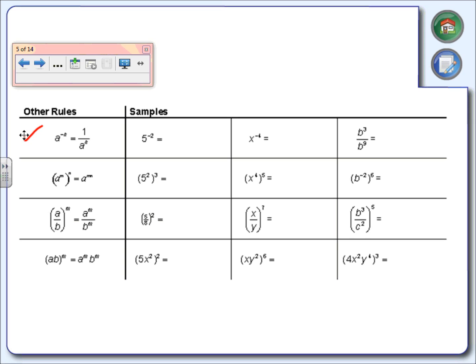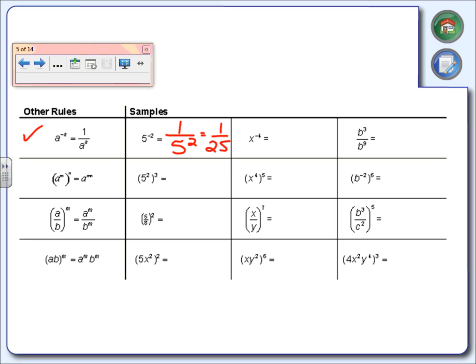So if you look at this first example here, 5 to the negative 2 power. How do we rewrite that so that we have a positive exponent? 1 over 5 squared. Of course, we can actually square that 5 and end up with 1 over 25.